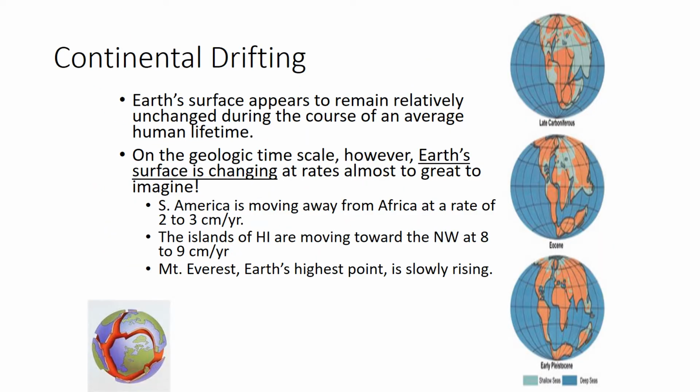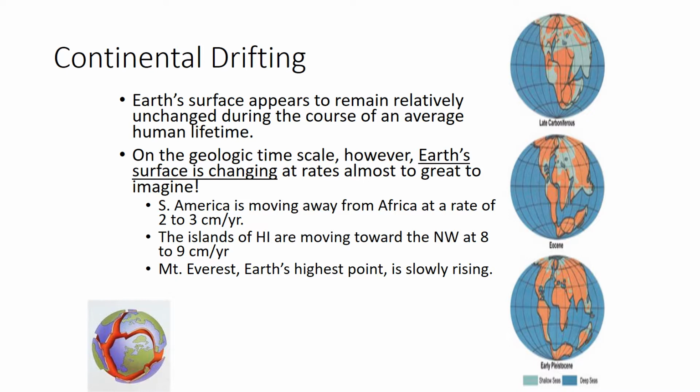So, continental drifting. You've probably heard of this, Pangea. The Earth's surface is relatively unchanged during the course of an average human lifetime. However, it has been changing a lot over the lifetime of the Earth itself.